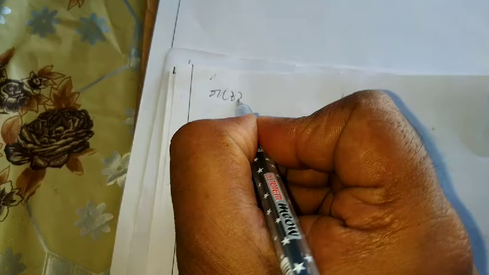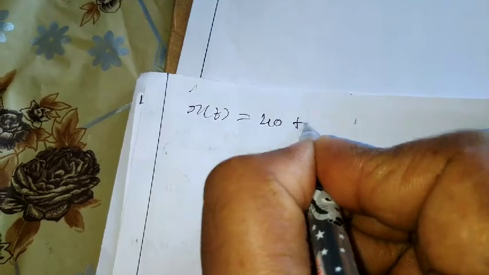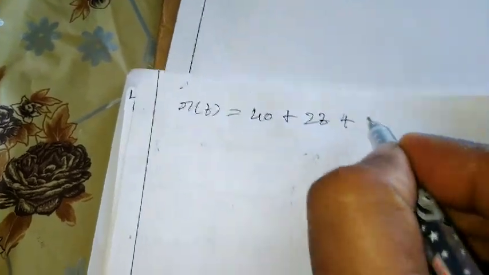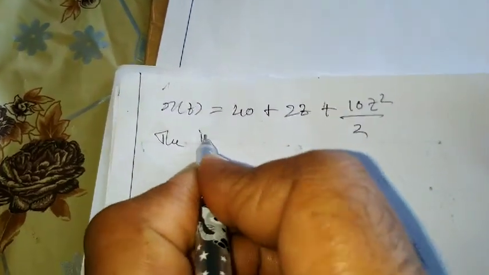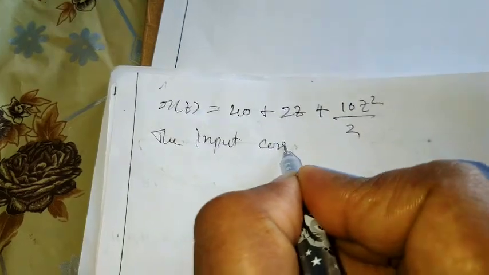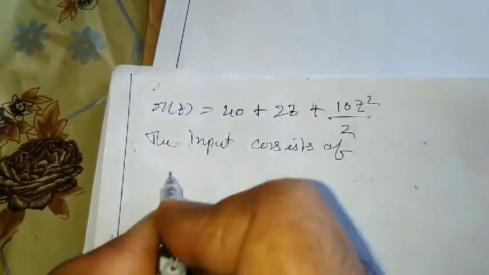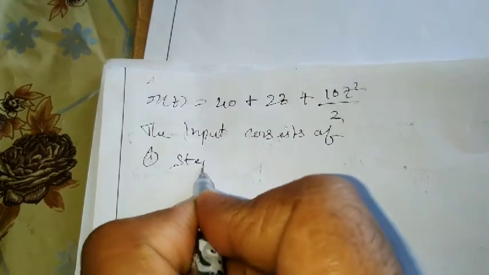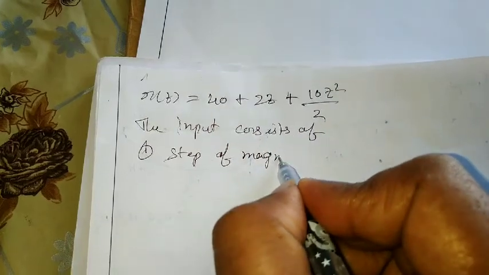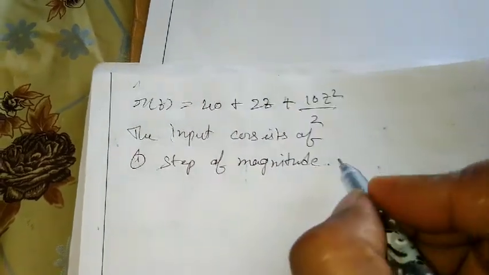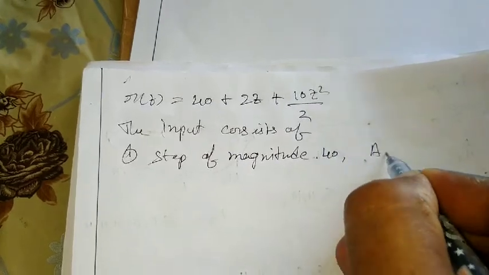So now my input r(t) is 40 + 2t + 10t^2/2. So the input consists of a step of magnitude 40, so A1 I will take 40.